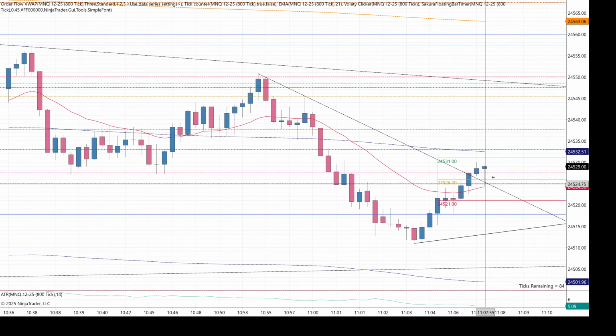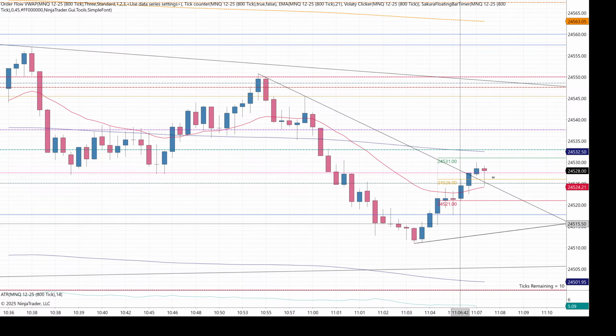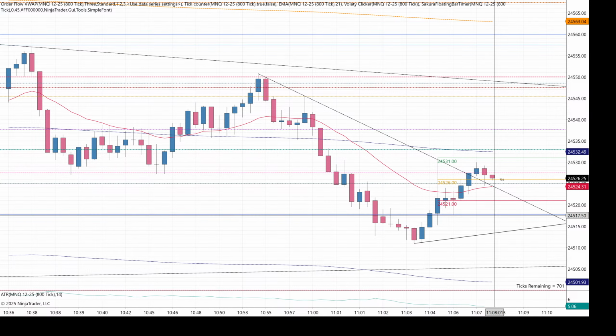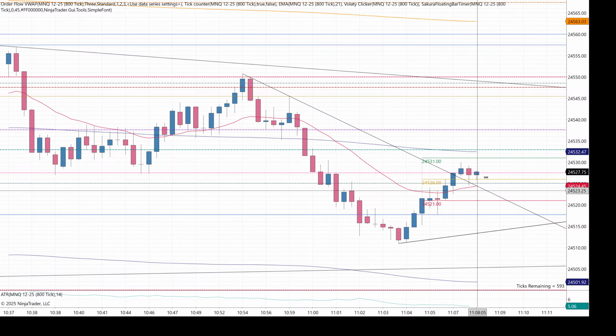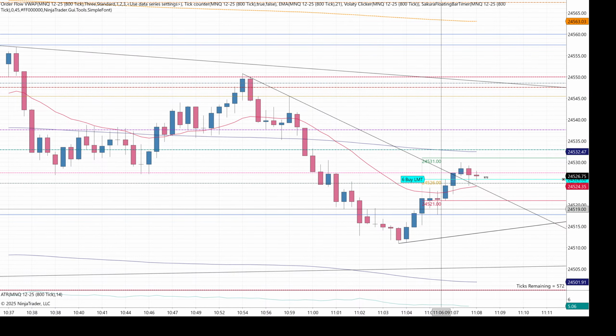Could have potentially gotten into it here, gone up now that we broke the trend line, but I don't know. Just have a weird feeling about this trade, but I'll get in if we can get back in.